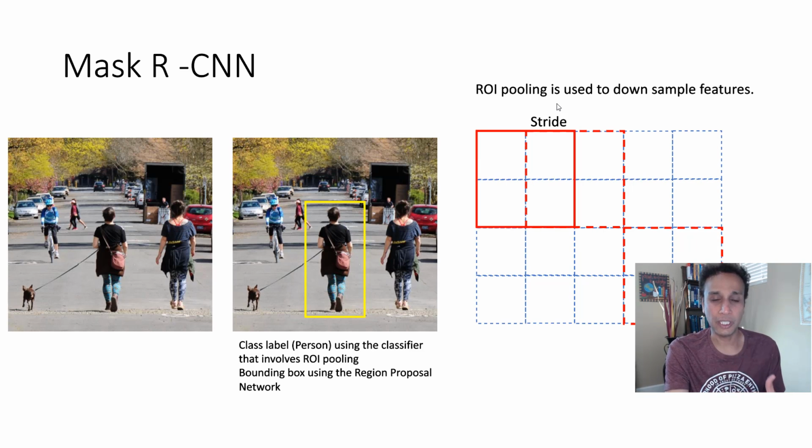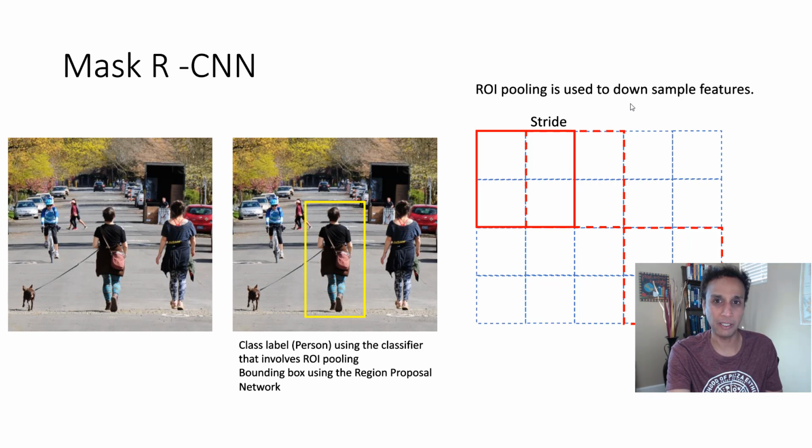You've heard the term pooling before, for example max pooling. Pooling is basically you apply a box right there, and you say, I want to do something in that box. Max pooling is, okay, this box is covering 4 pixels, just give me the maximum value within those 4 pixels. And this is how you downsample. So pooling is used to downsample your feature maps. And ROI pooling is pretty much the same thing.